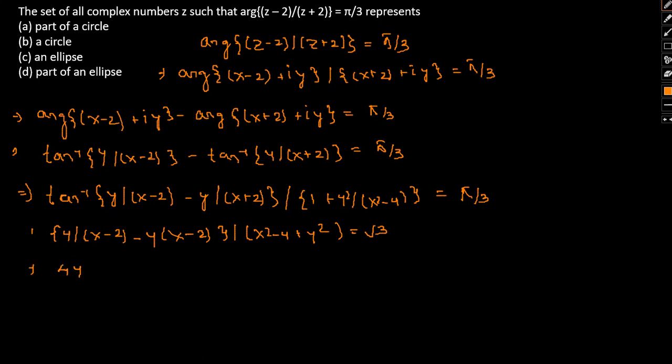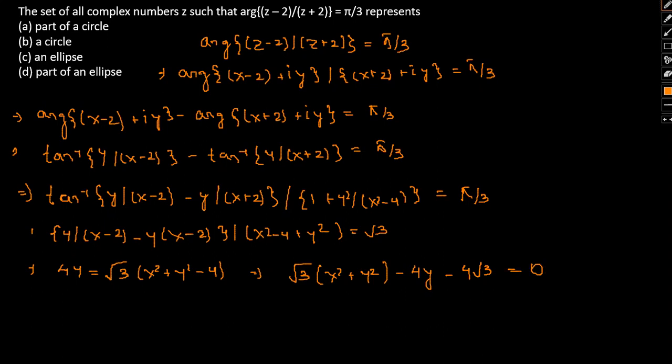This can be written as 4y equal to root 3 times (x squared plus y squared minus 4), which can be further written as root 3 (x squared plus y squared) minus 4y minus 4 root 3 equal to 0.